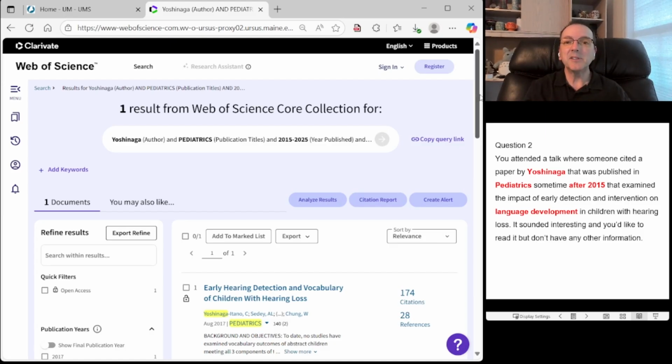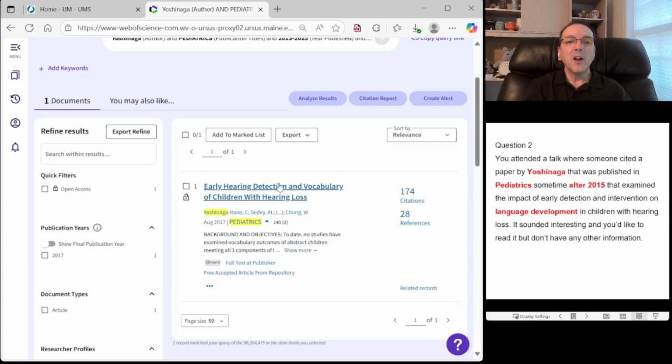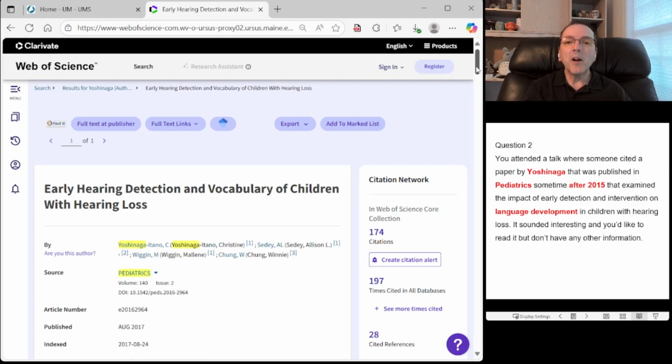Does this one seem to make sense for us? Early Hearing Detection and Vocabulary of Children with Hearing Loss. Early hearing detection. Well, look, that's another part of our description. They examined the impact of early detection on language development. And it hasn't picked language development here, but if I click on this, we get the whole article.